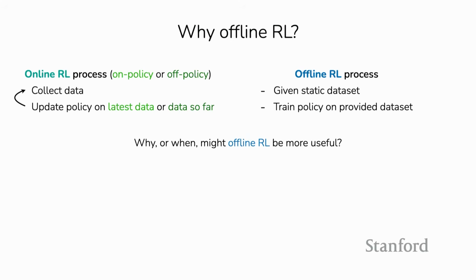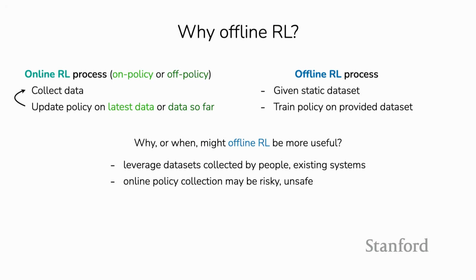And there's a number of circumstances where offline reinforcement learning might be more useful than online reinforcement learning. The first is that when you're trying to approach a problem, you might already have a data set that was collected by an existing system or by people. And collecting data from your current policy might be risky or might be unsafe.